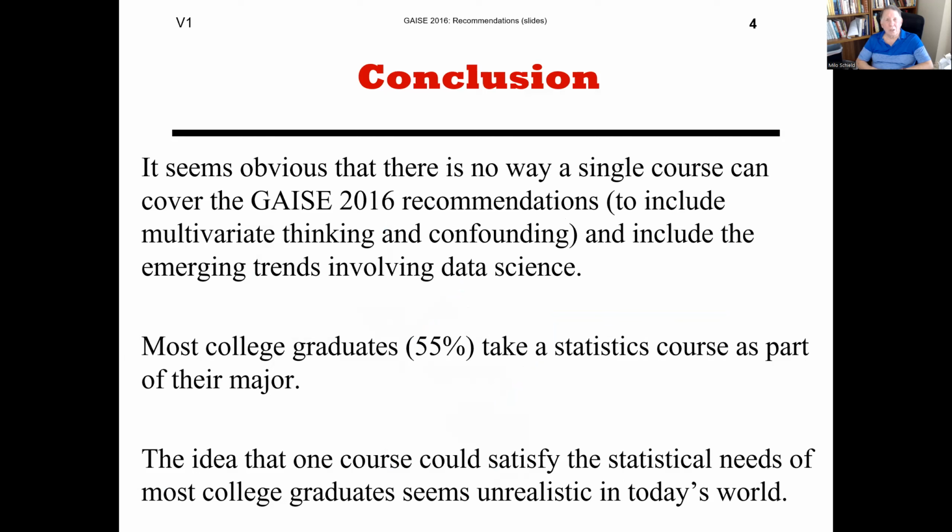Yet, you have to realize that in setting up guidelines, most college students, over 55%, are taking a statistics course as part of their major. The idea that one course could satisfy the statistical needs of all these different college graduates in different majors seems unrealistic in today's world. There's no way one course can satisfy all their needs.